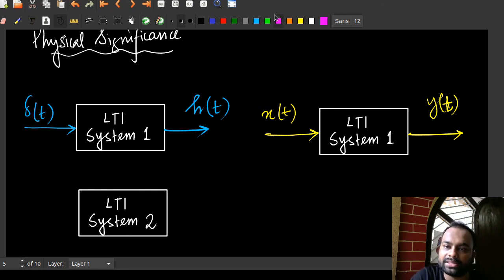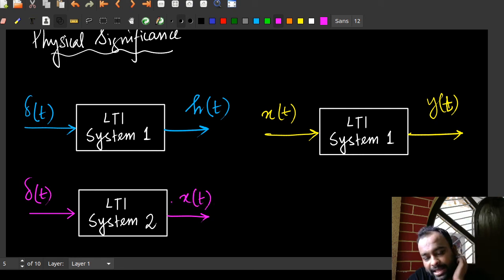Now, this is the impulse response of system 1. Imagine I have another system 2, such that when I excite this particular system, I instead get this as the impulse response, right? So try to understand.